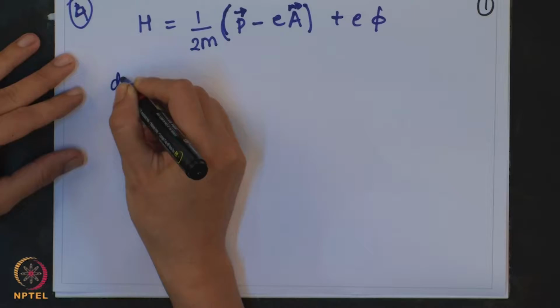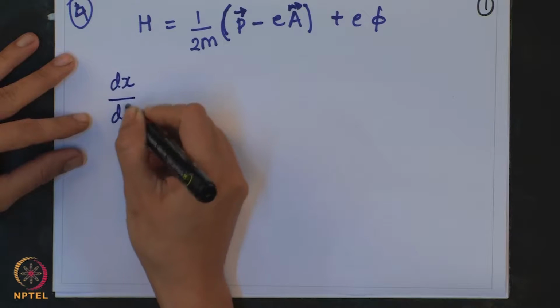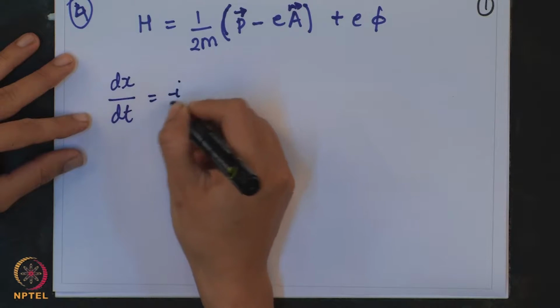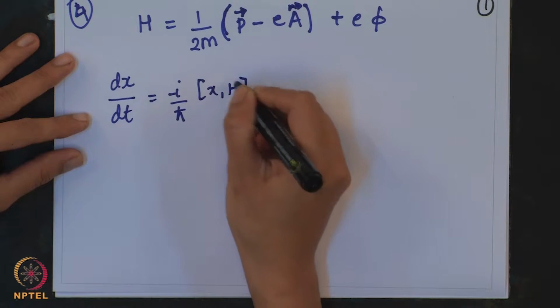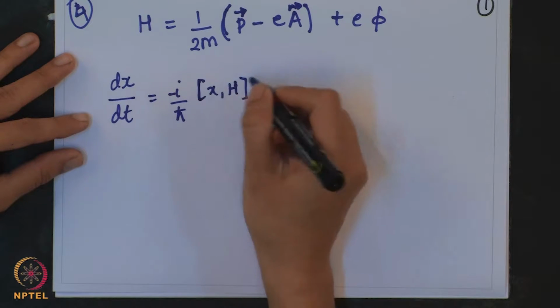So, let us start by writing d by dt is equal to minus i upon h cross times the commutator. Recollect this, we have been using it several times, the time evolution operator.